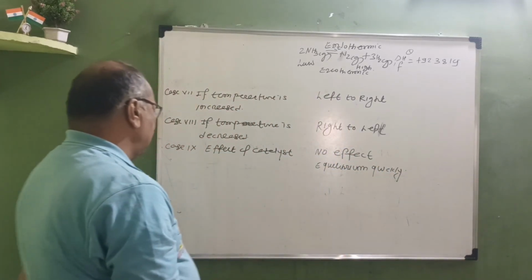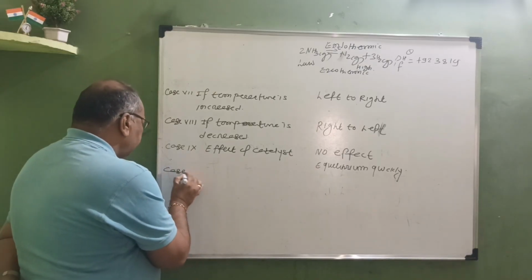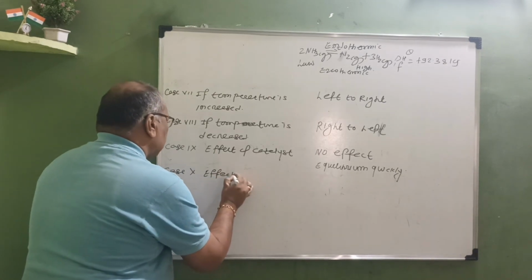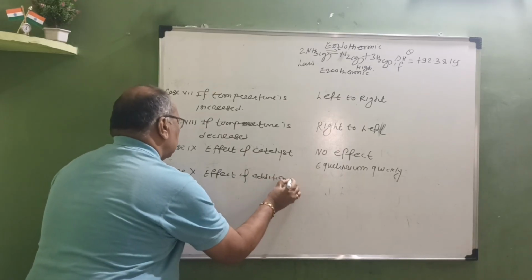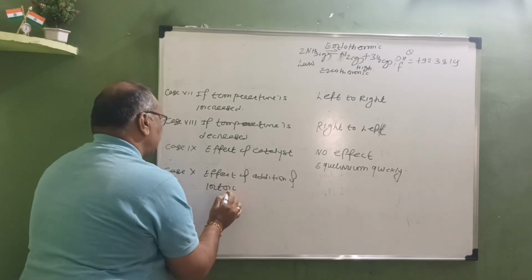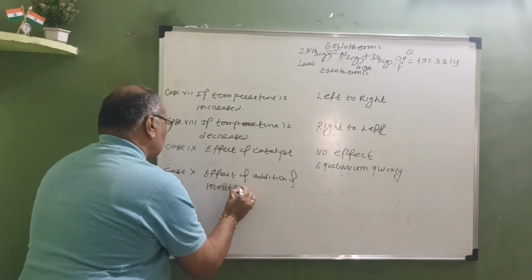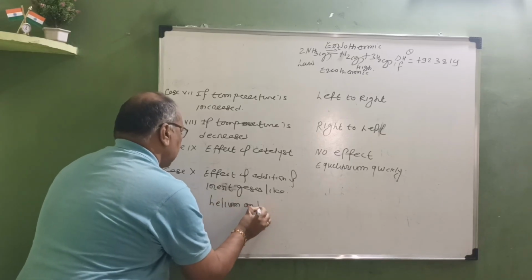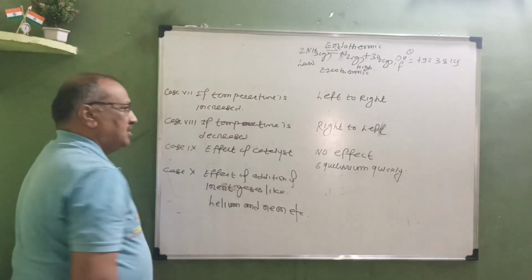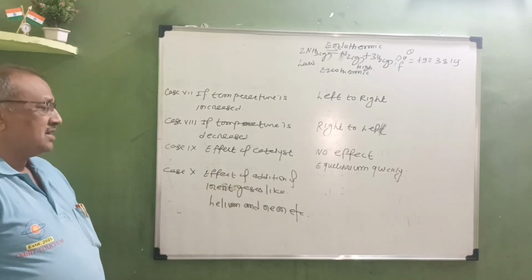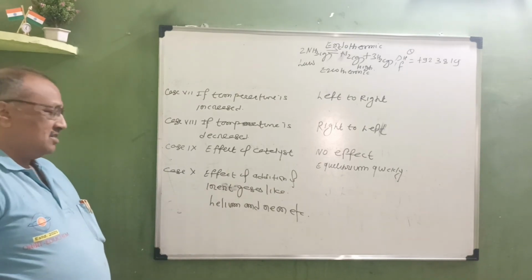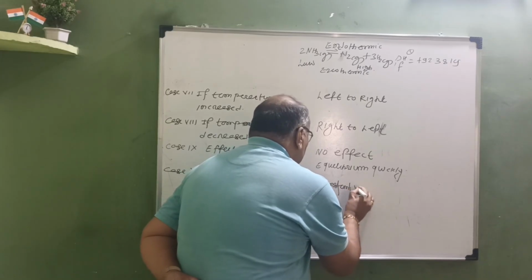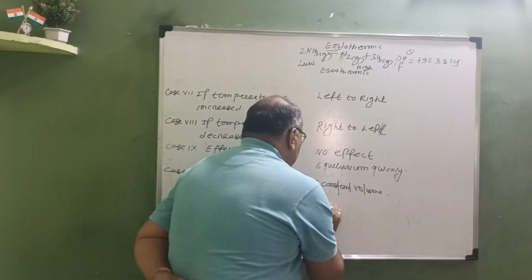Now here, next, case 10, effect of addition of inert gases like helium and neon, etc. Now, effect of addition of inert gases like helium and neon are considered at two different conditions: at constant volume and at constant pressure.